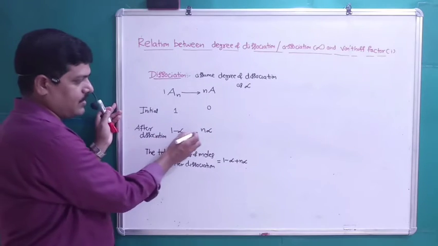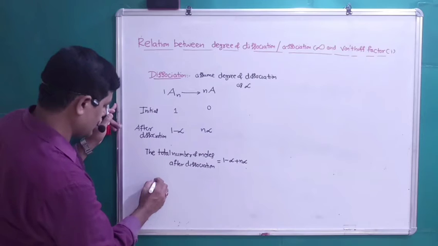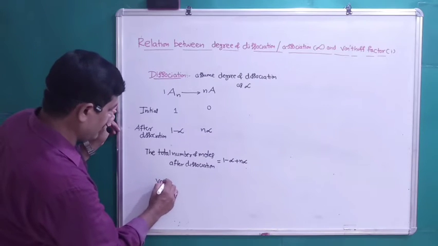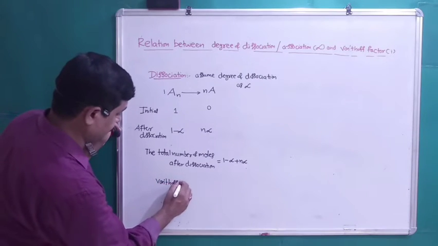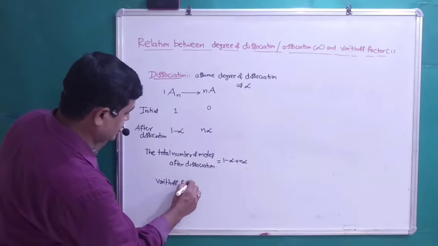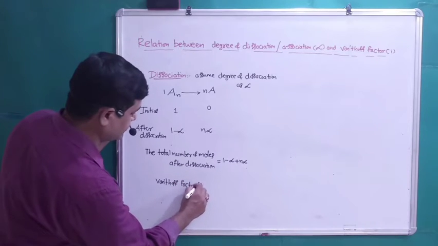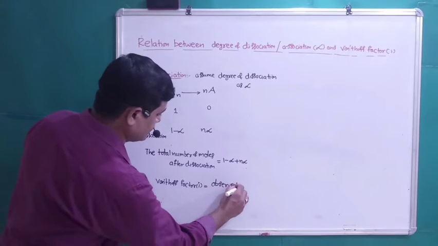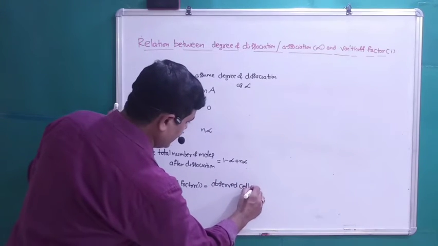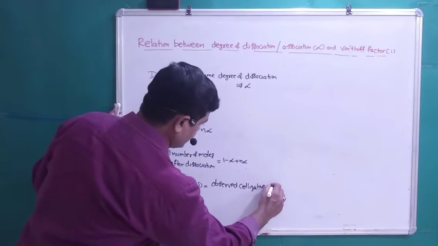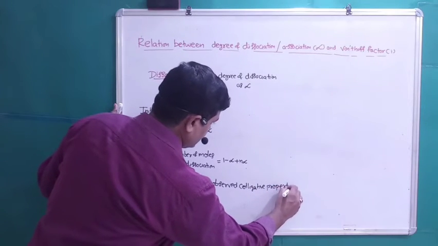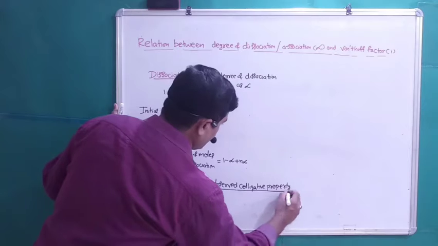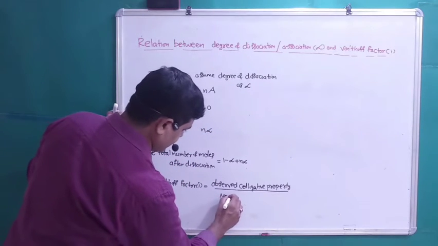Van't Hoff factor i is defined as observed colligative property divided by normal colligative property.